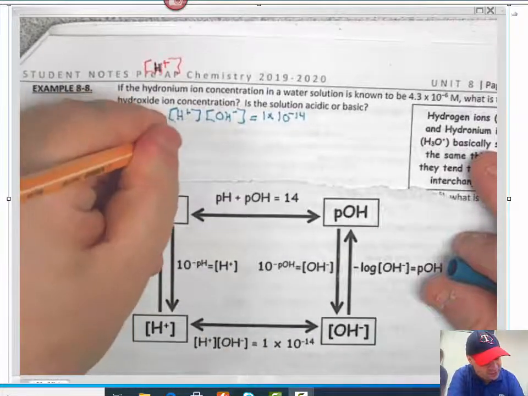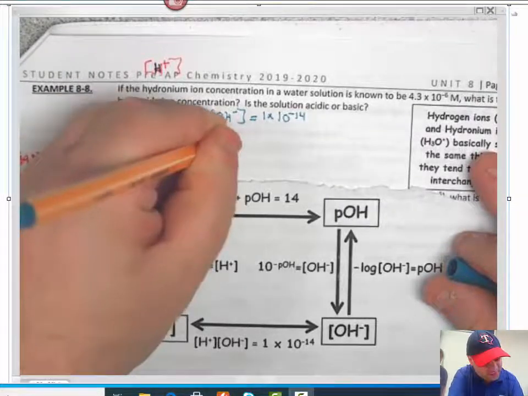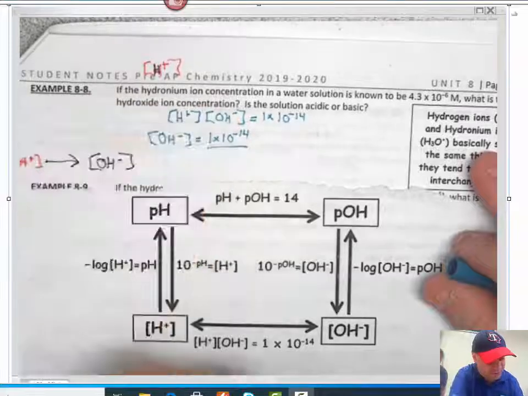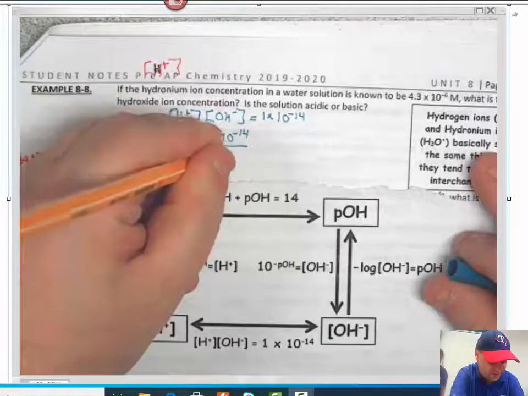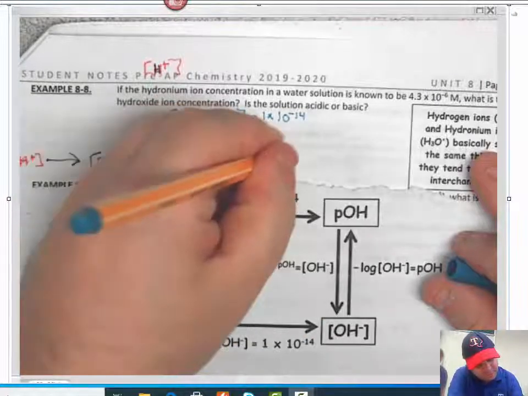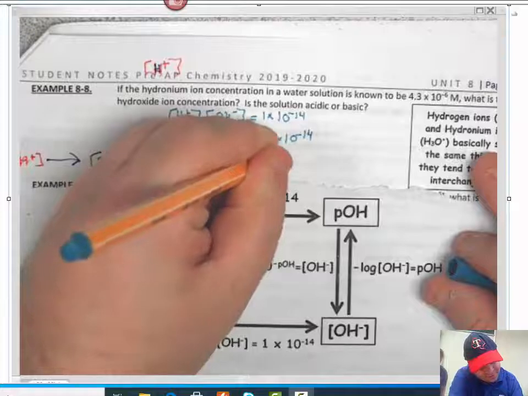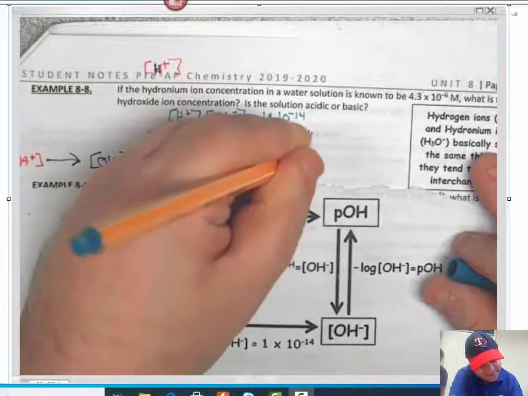The OH minus is going to be equal to 1 times 10 to the negative 14 divided by H plus, 1 times 10 to the negative 14 divided by 4.3 times 10 to the negative 6th.